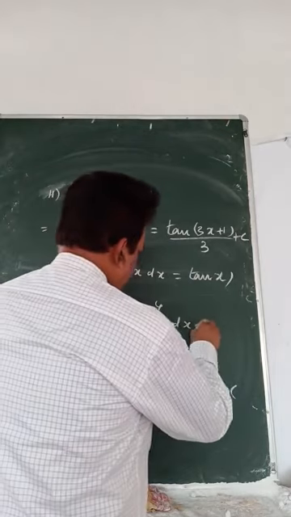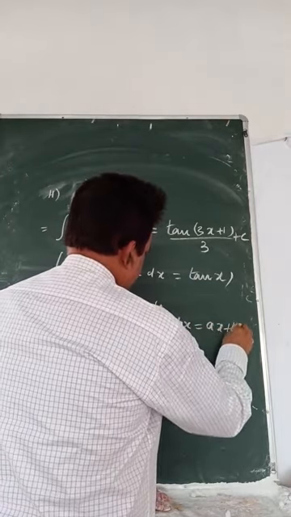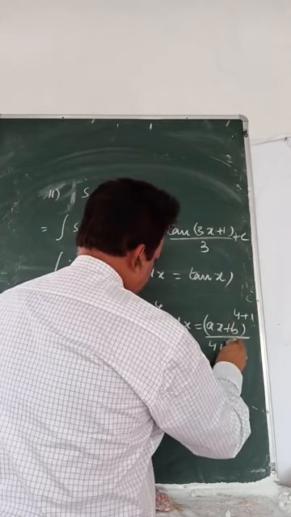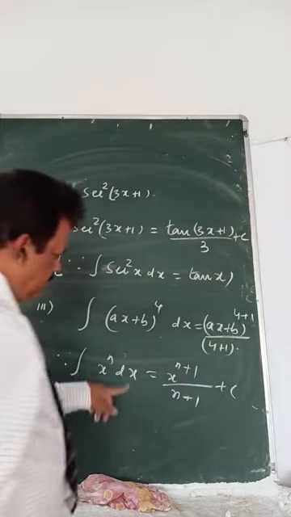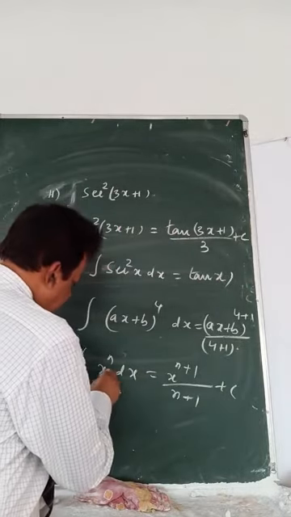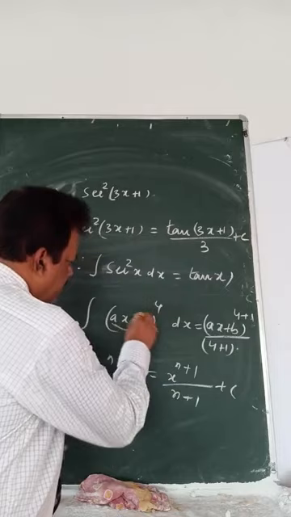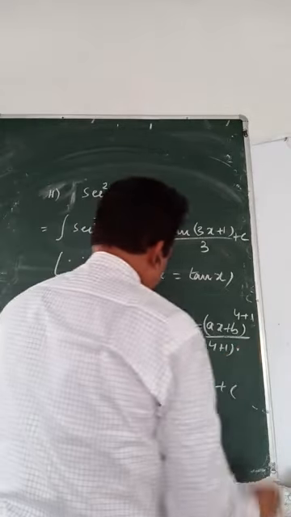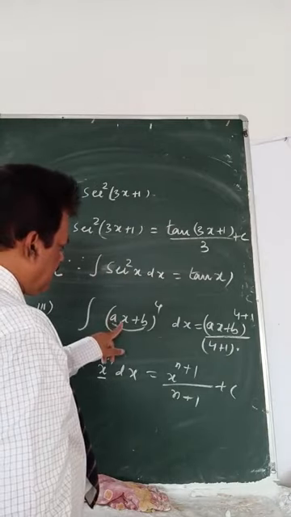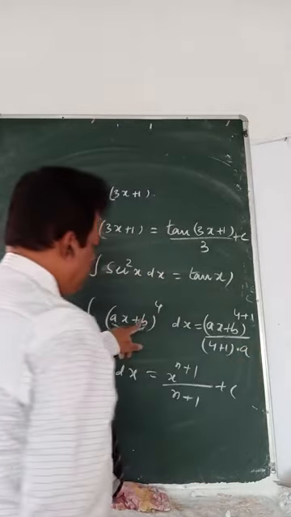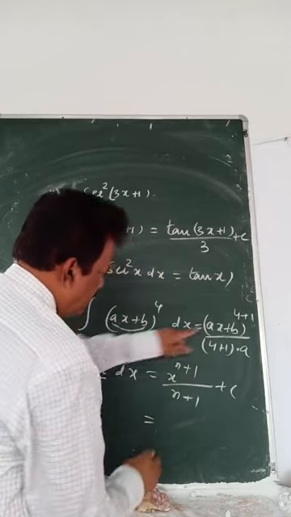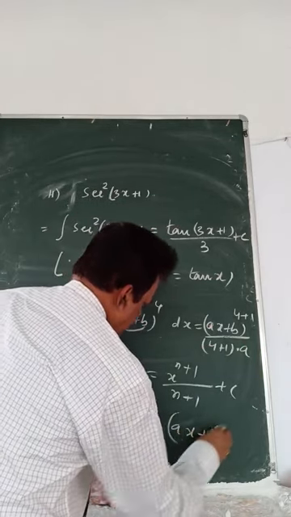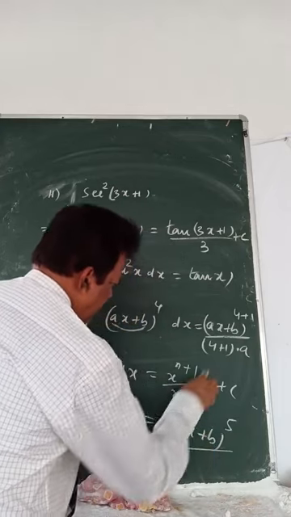So that will be (ax plus b) power 4 plus 1 by 4 plus 1. Then chain rule. In place of x, you have got ax plus b. So its derivative we have to divide. Ax का derivative is a, b का 0. So it becomes (ax plus b) power 5 divided by 5a.